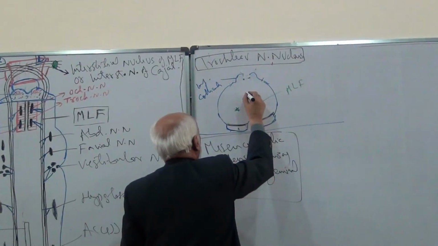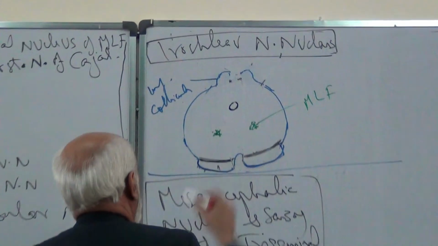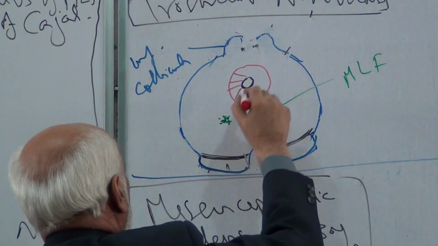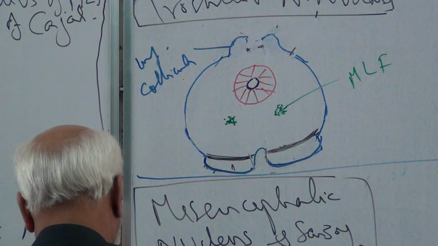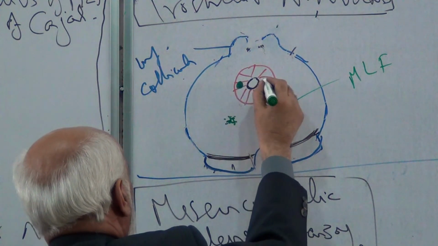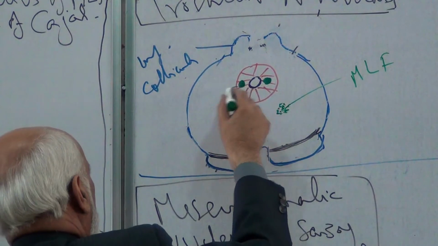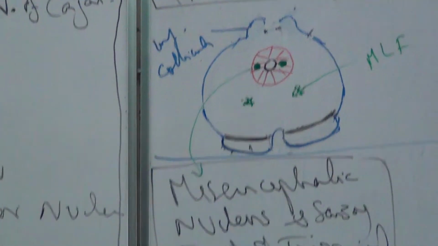This is the cerebral aqueduct, and this is the central gray matter, and here lateral to the aqueduct is the mesencephalic nucleus and tract.